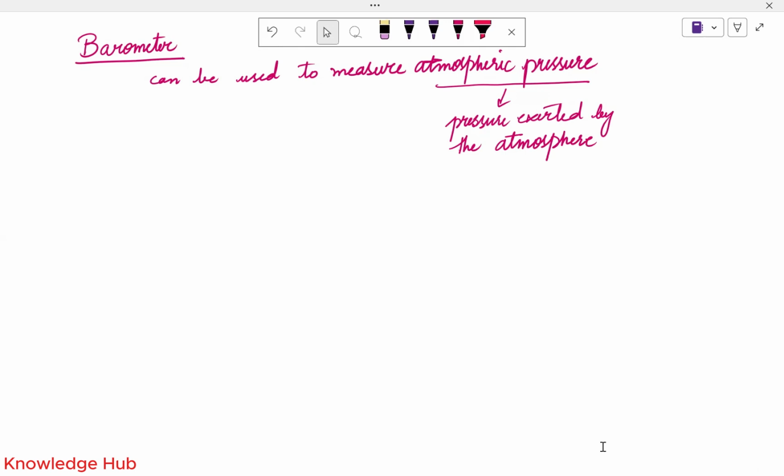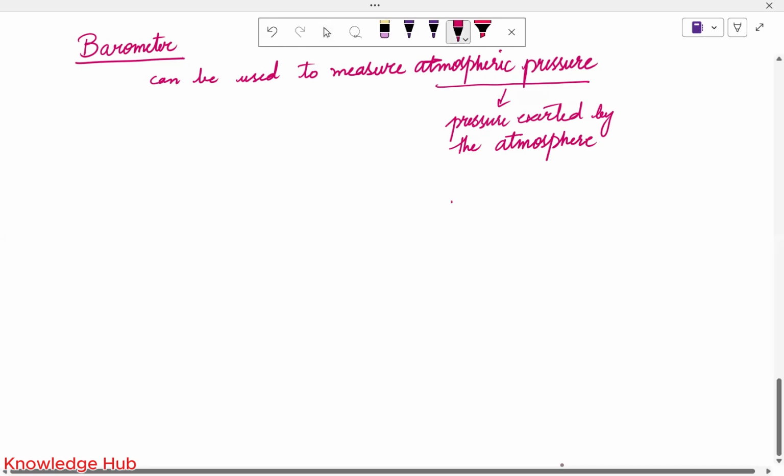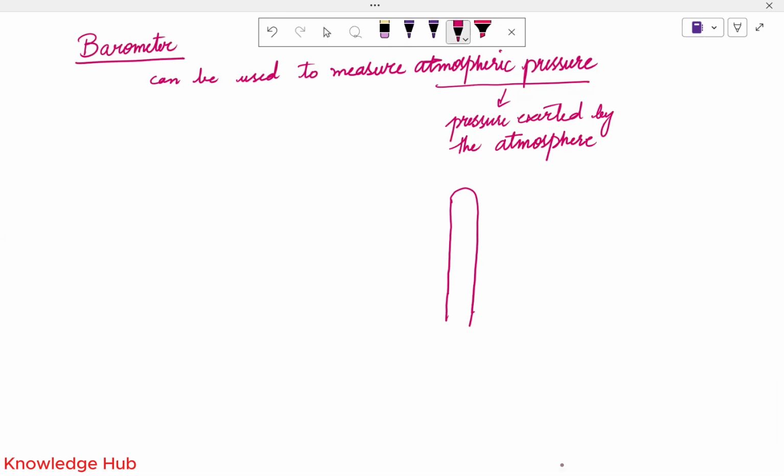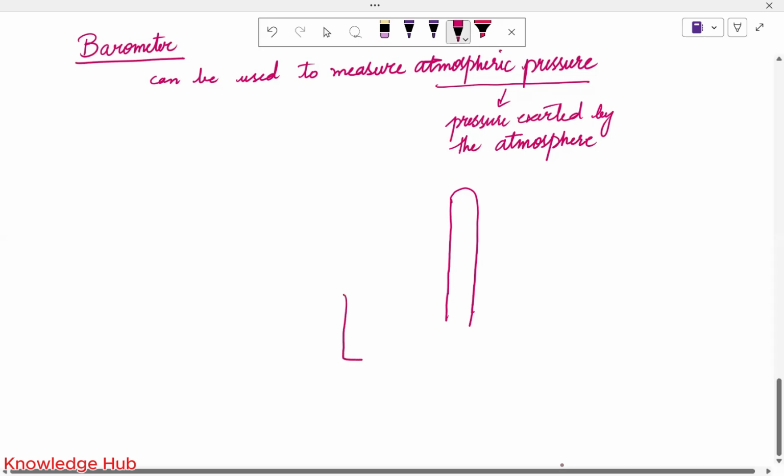Okay. So it consists of a glass tube which should be at least 80 centimeter in length. This tube is filled with mercury and then carefully inverted into a trough containing mercury. So this is a trough and that contains mercury.